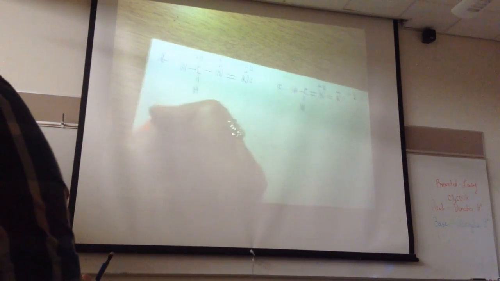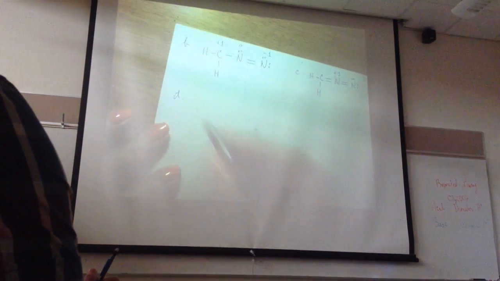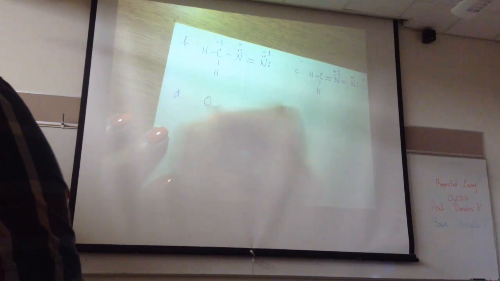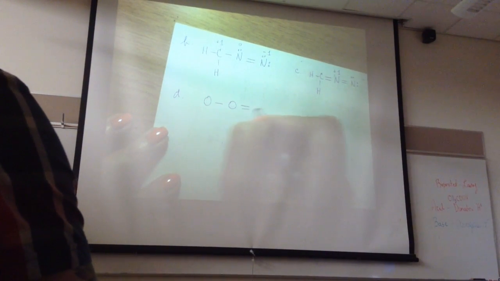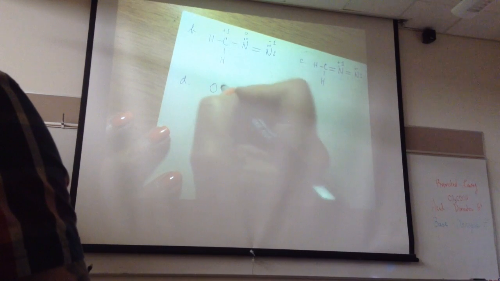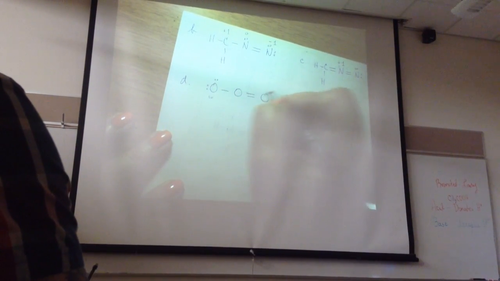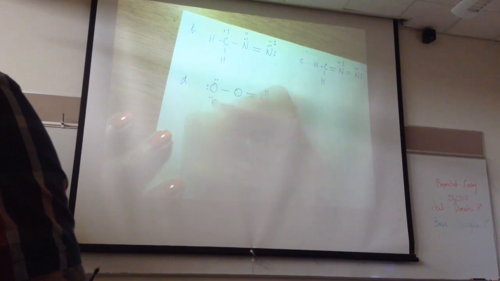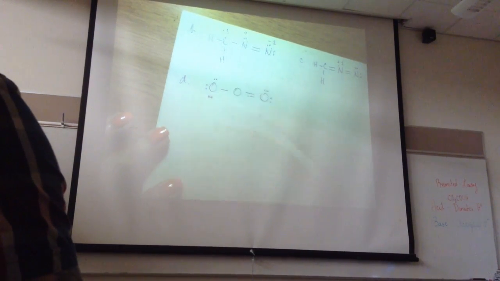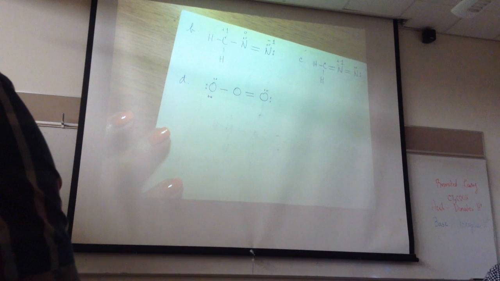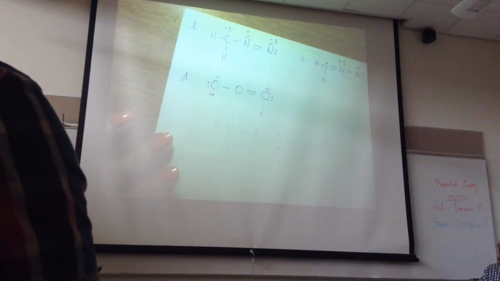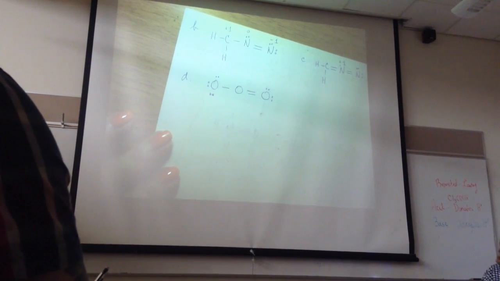We get to letter D, and letter D looks like this. There's an oxygen to an oxygen to an oxygen, and there are dots around them. Is this correct? I don't think so.